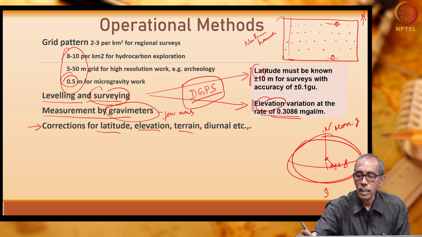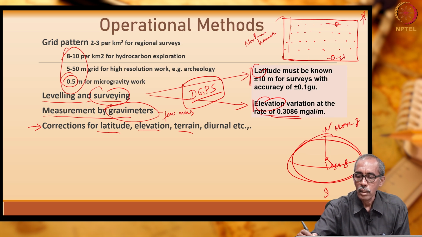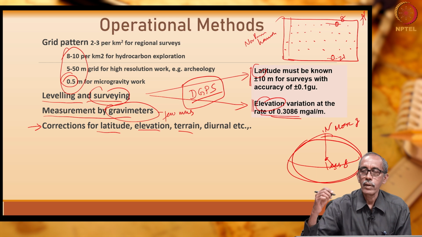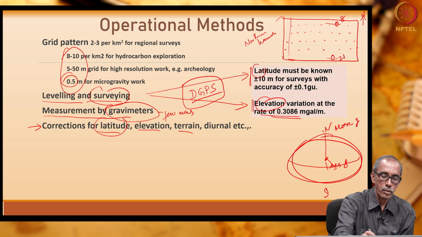Let us say this is station number 21, and this is station number 8. Station number 8 is located slightly closer to the center of the earth. So, the mass in your gravimeter is attracted much more at station number 8 than station number 21. We need to correct for this. That is what is referred to as latitude correction.